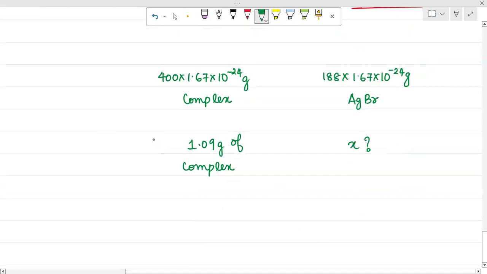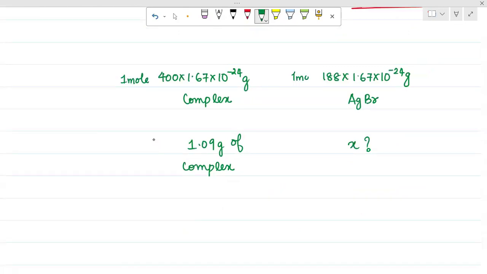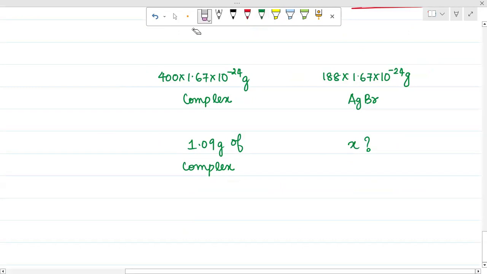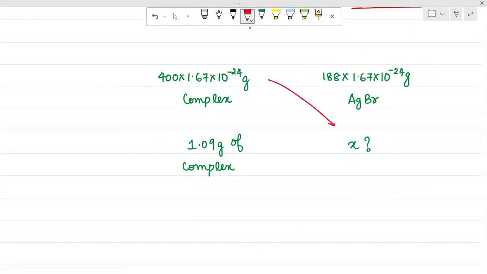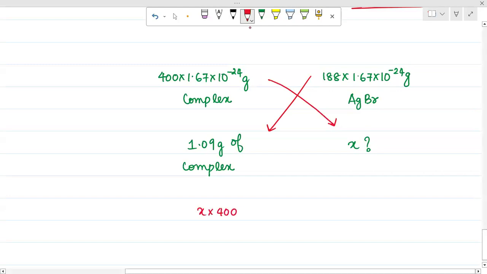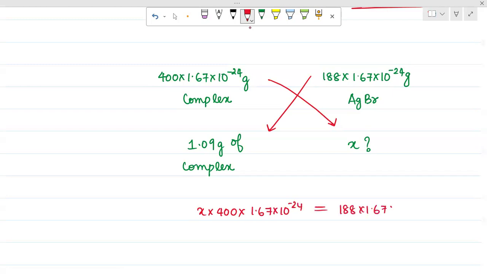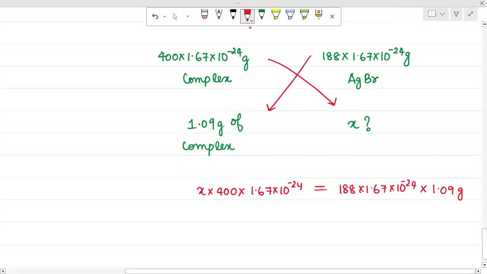We'll find it. So this is 1 mole of complex giving 1 mole of AgBr. So we are now normalizing it with respect to the mass which is given in the question, 1.09. Let's try to find, if it was 1:1, how much would have been given? So x into 400 into 1.67 into 10 to the power minus 24 is equal to 188 into 1.67 into 10 to the power minus 24 into 1.09 grams.